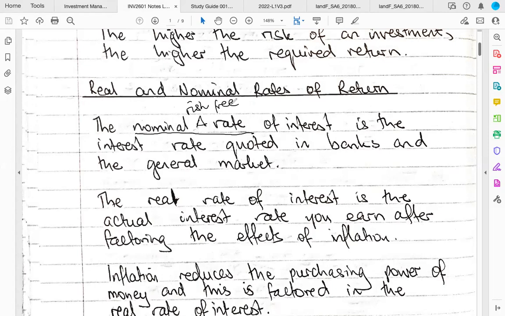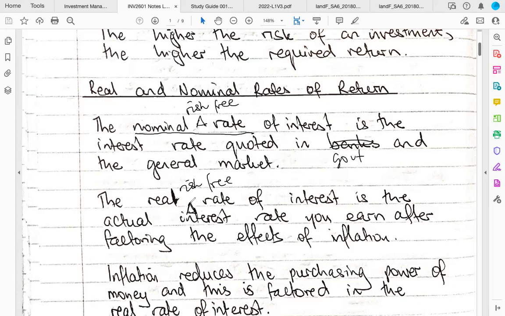And then after factoring in inflation, even though the government is paying you a certain return on your investments, after factoring in the effects of inflation, we call that the real risk-free rate of interest. The only difference between the explanation I gave you before and what I'm telling you now is that if it's the government that you're investing in, not a bank, but rather the government that's borrowing your money in the form of government bonds, we call it the nominal risk-free rate.